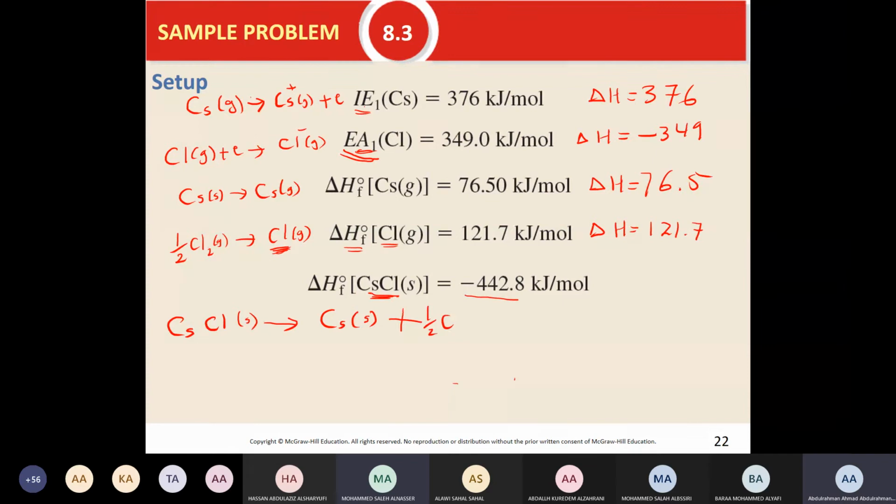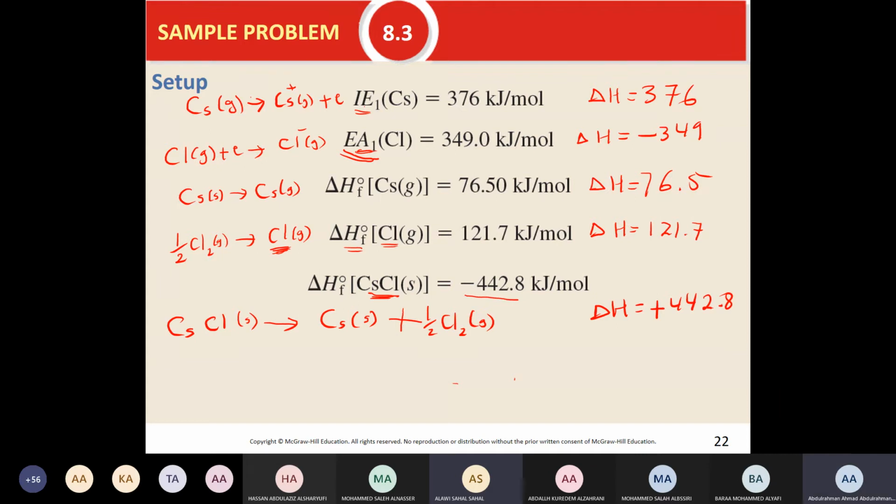What's the delta H for this reaction? For the last reaction? 442.8. Plus or minus? Plus. Plus 442.8. Doctor, why reverse the reaction?